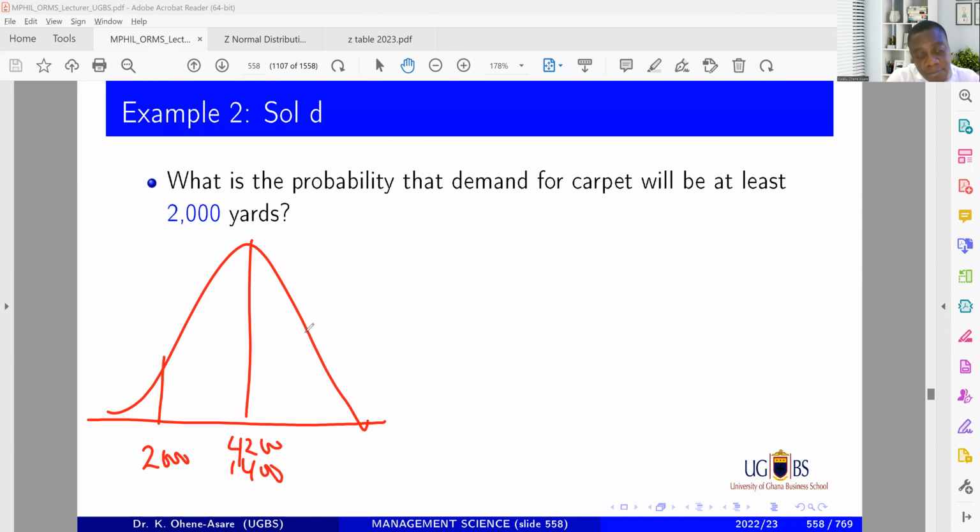So at least 2,000 means the points between 2,000 and 4,200 is A, and the other part of the curve is B. You shade the A part, and then you shade the other side of the curve from the right side of 4,200.